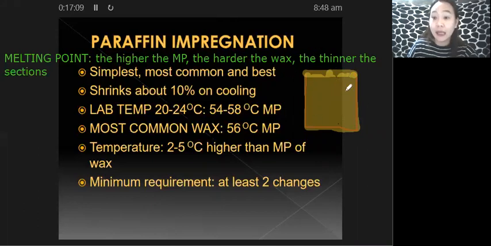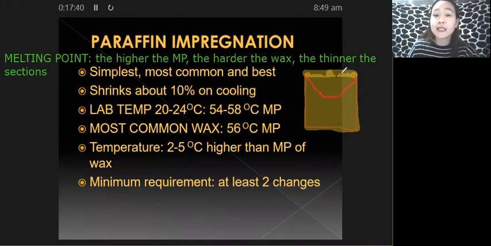Initially, the appearance of your block will be like this. However, upon cooling, you would be able to notice a depression present at the center of your block.